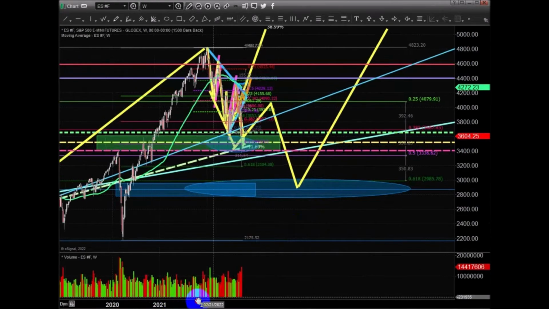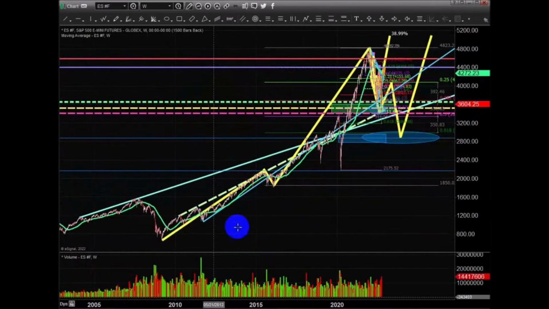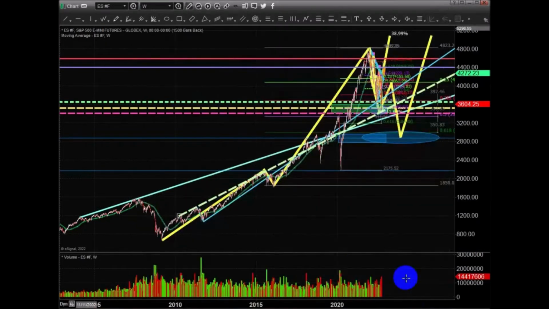Now, there's some other things that I want to try to point out. I've also been drawing extended lines. You can see them, and I will try to extend this one to the right. These originate off of the 2009 low, the 2003 low and the 2009 low.